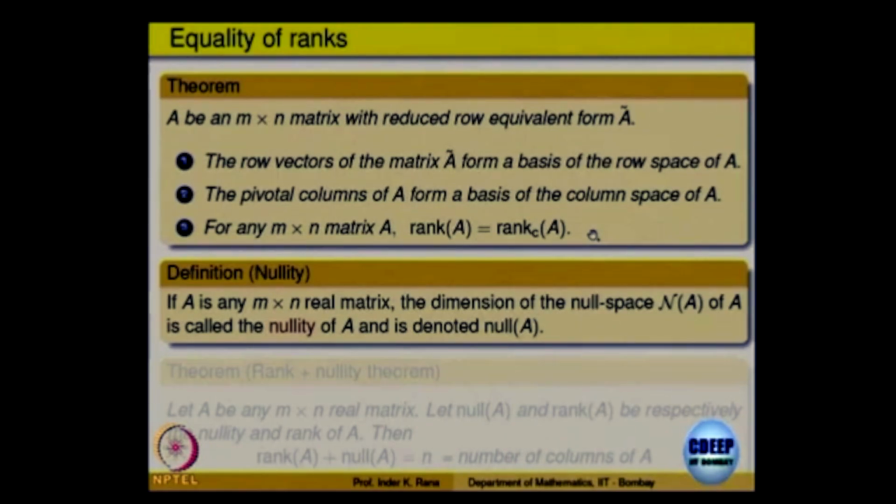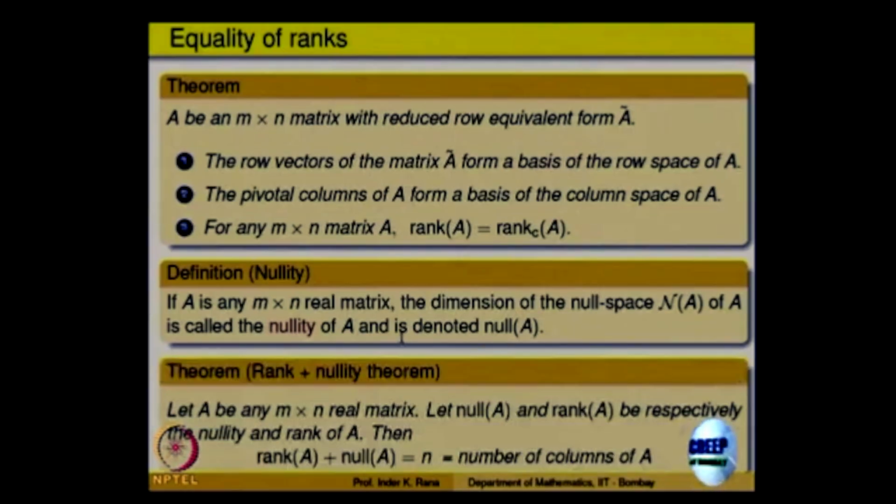The dimension of the null space is called the nullity of the matrix A. And there is a theorem which says that given an m cross n matrix, if you add up the rank of the matrix and the nullity, the sum is equal to n, the number of columns of A. Again, the proof is easy, but some technical writing is involved, so we will not do that. We will use this result and verify it in examples.